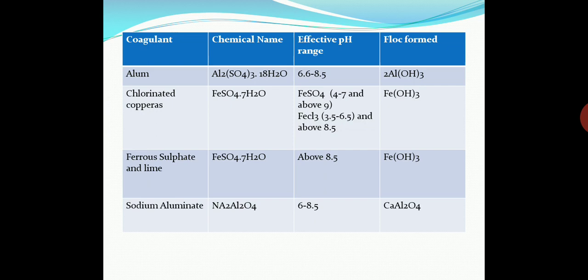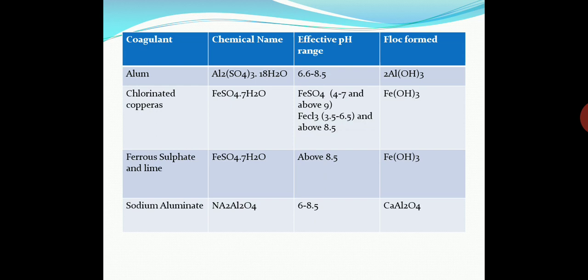Same way, ferric chloride is effective in the range of 3.5 to 6.5 or above pH 8.5, which you can see in the table. When these two are used from chlorinated copperas, they form a common floc, which is ferric hydroxide, and it settles down.